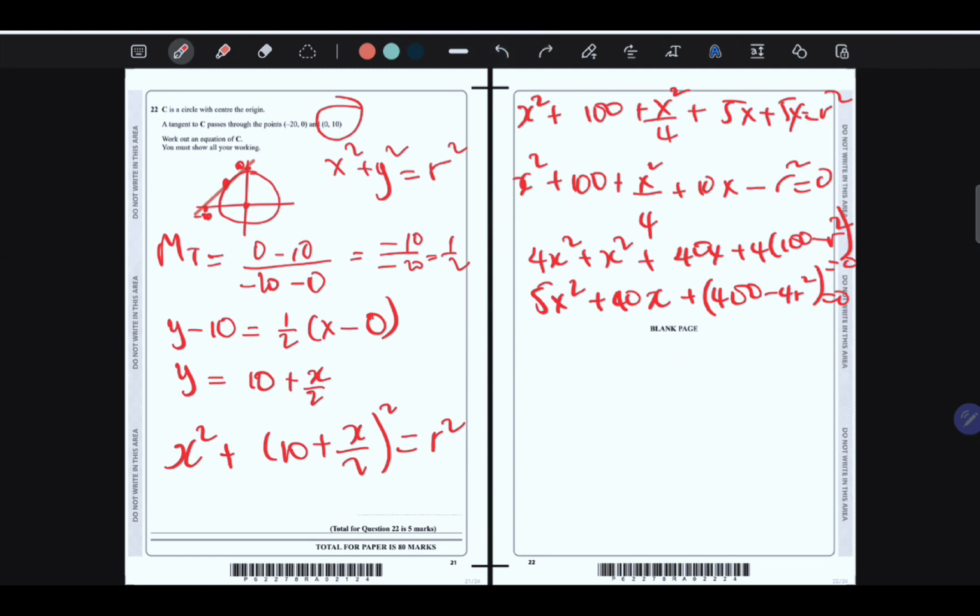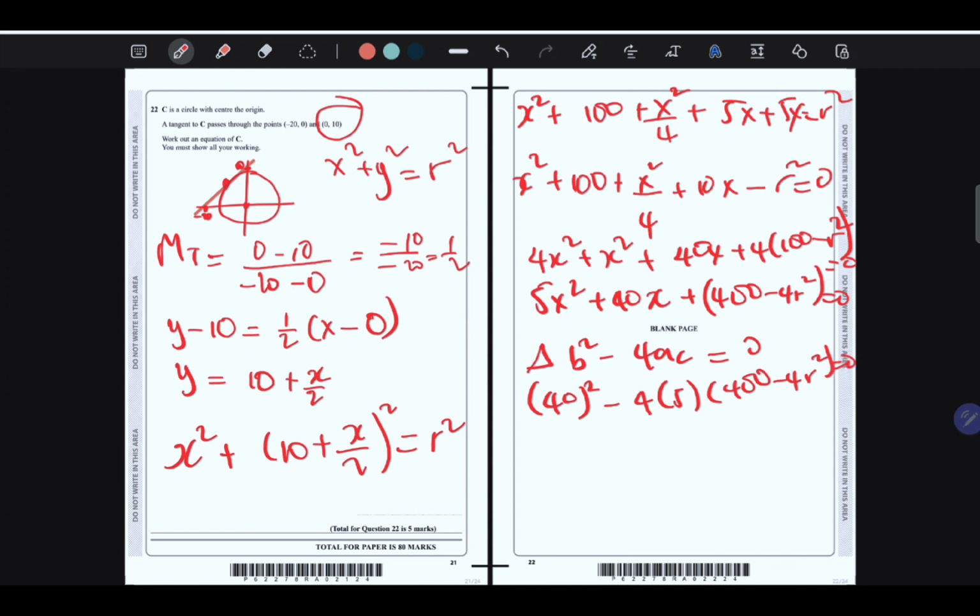Okay, that thing is called the discriminant, which is b squared minus 4ac. So b here is 40, so we do 40 squared minus 4 times 5 times (400 minus 4r squared) equal to 0.